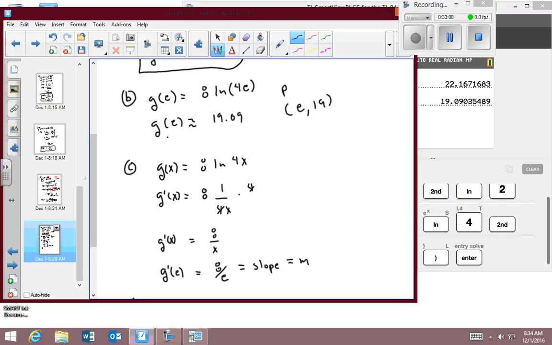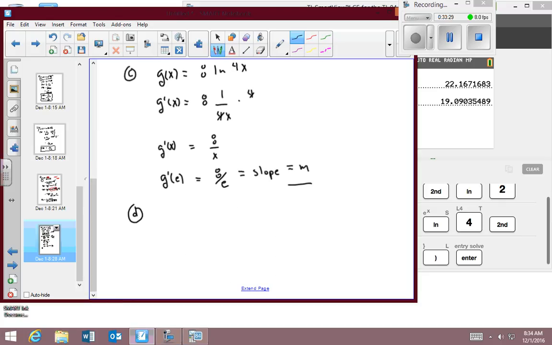What they want is the equation of the tangent line, so we have a point and a slope, and we can find the straight line using the point-slope method.